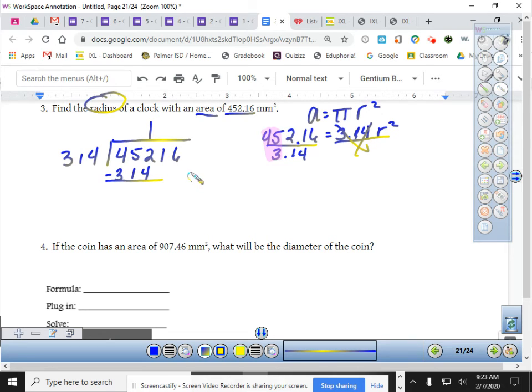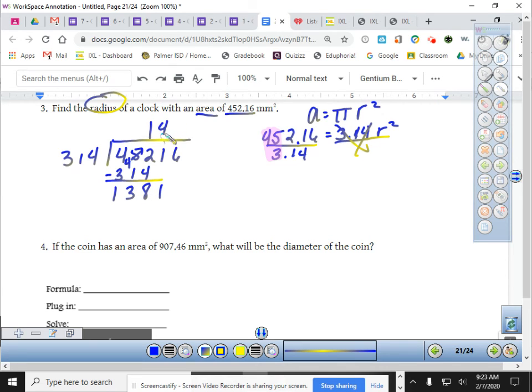Just because you're not allowed to talk does not mean you are not writing. Right. 8, 3, 1. Bring down the 1. 3 into 13. 14. Did I do that right?